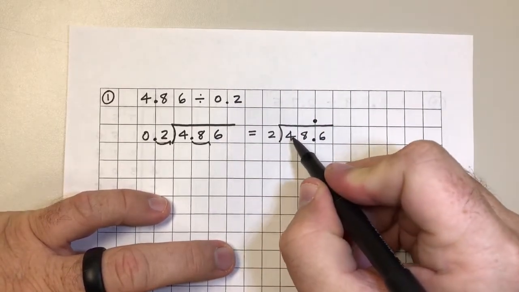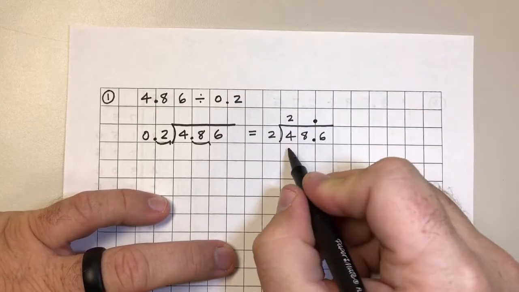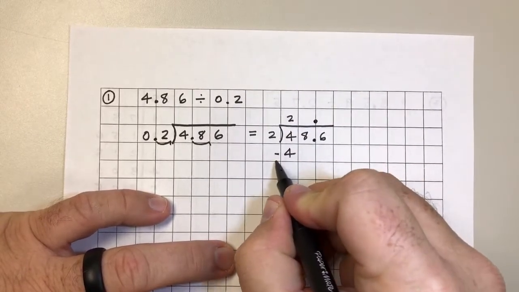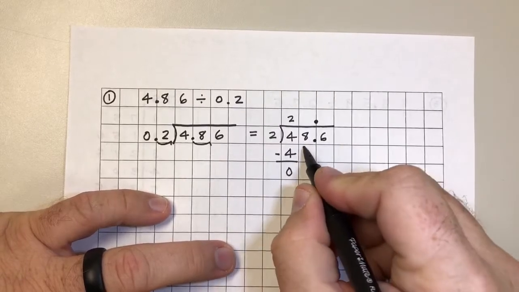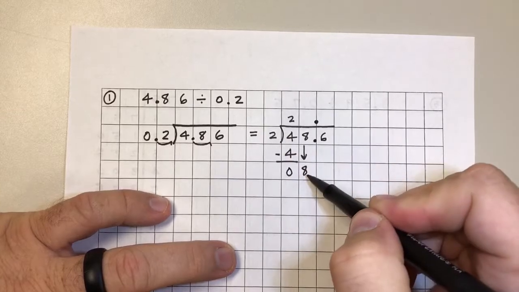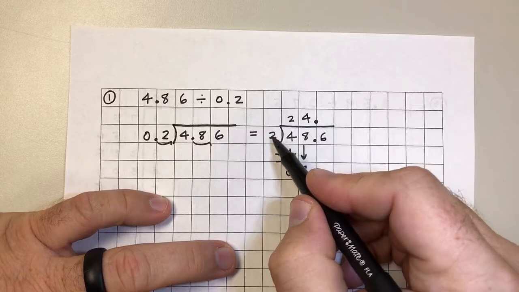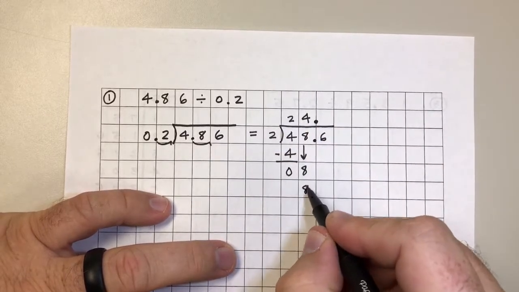2 goes into 4 2 times. 2 times 2 is 4. We subtract and we bring down. Okay? 2 now goes into 8 4 times. 4 times 2 is 8.